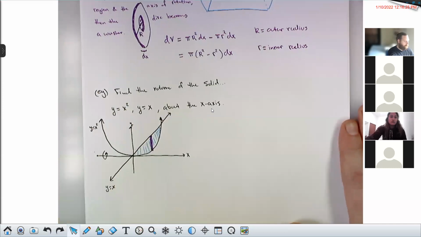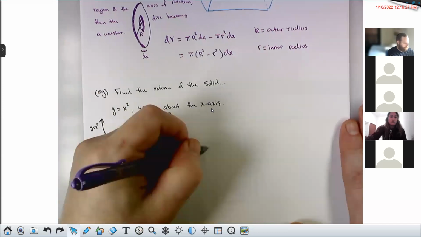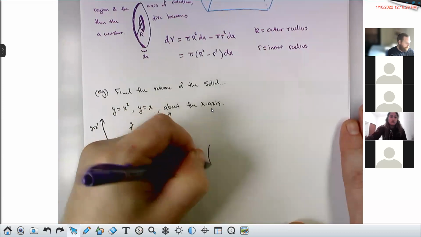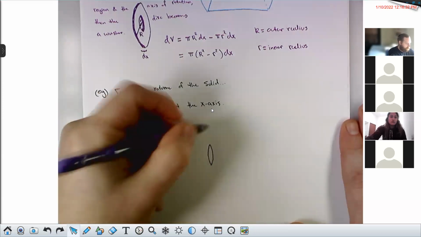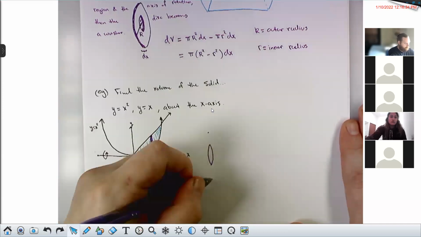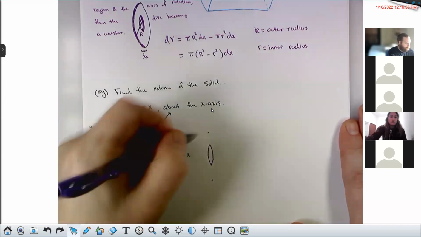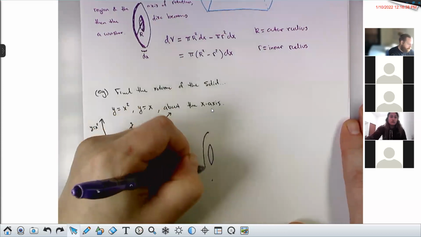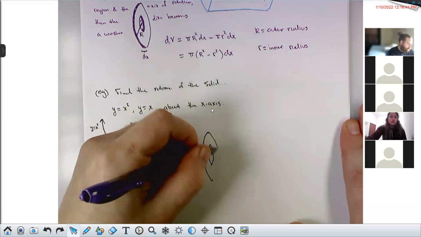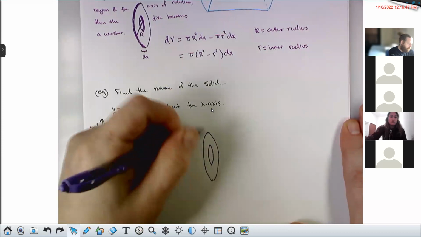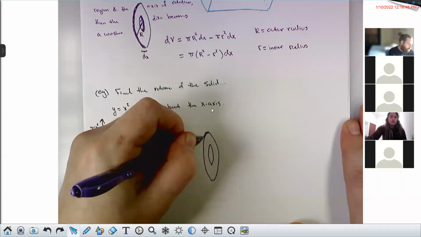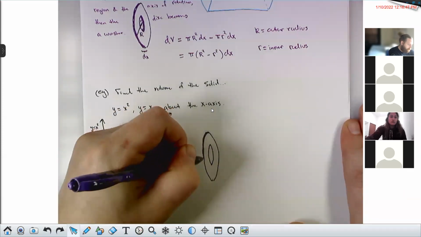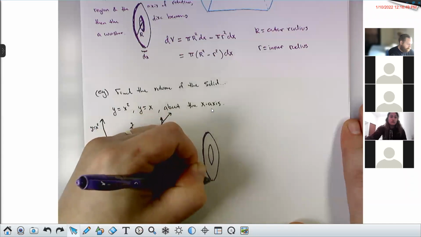When I rotate just that strip, I'm not going to get a disc. I'm going to get a little washer. The thickness of that washer is the thickness of my little strip.